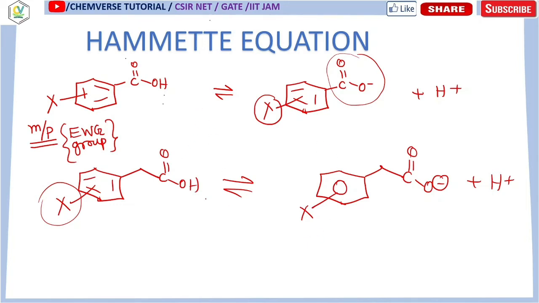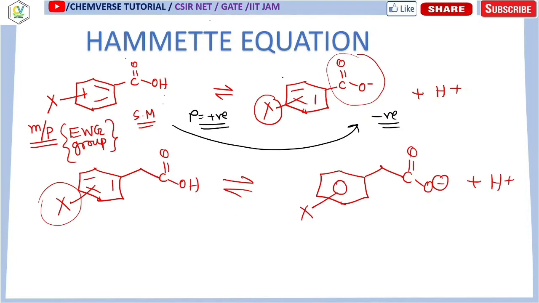But if I compare that, what will be the rho value? In both the cases, this is the starting material, and from the starting material you are getting a species which is negatively charged. So during the course of the reaction obviously the electron density increases, and so overall the rho value will be positive.